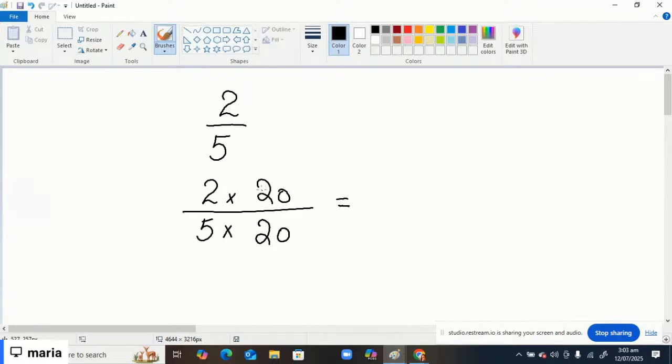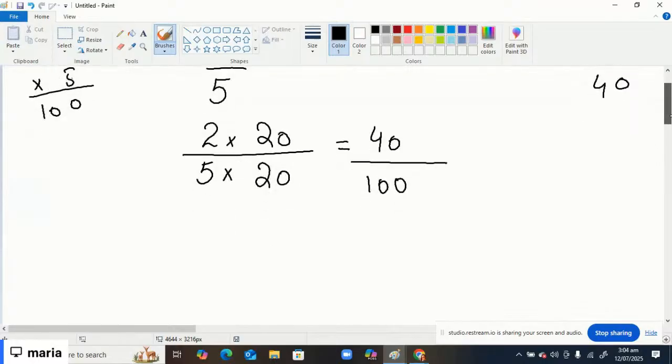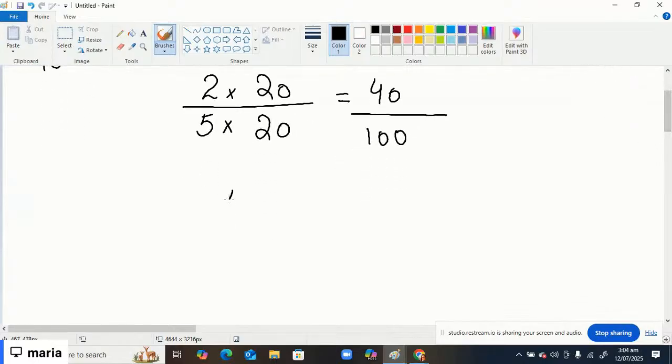20 times 2 is 40. And now 20 times 5 is 100. Now, because percent means 100, you just write it as 40%.